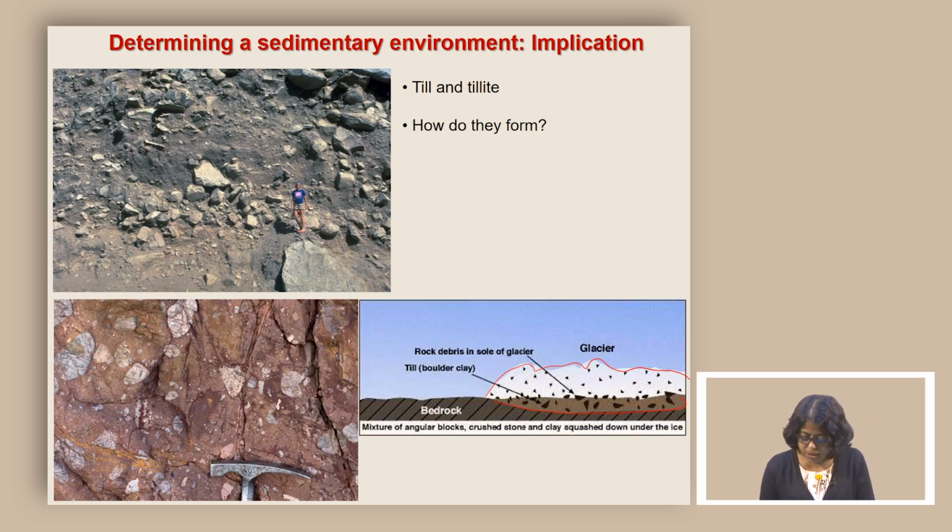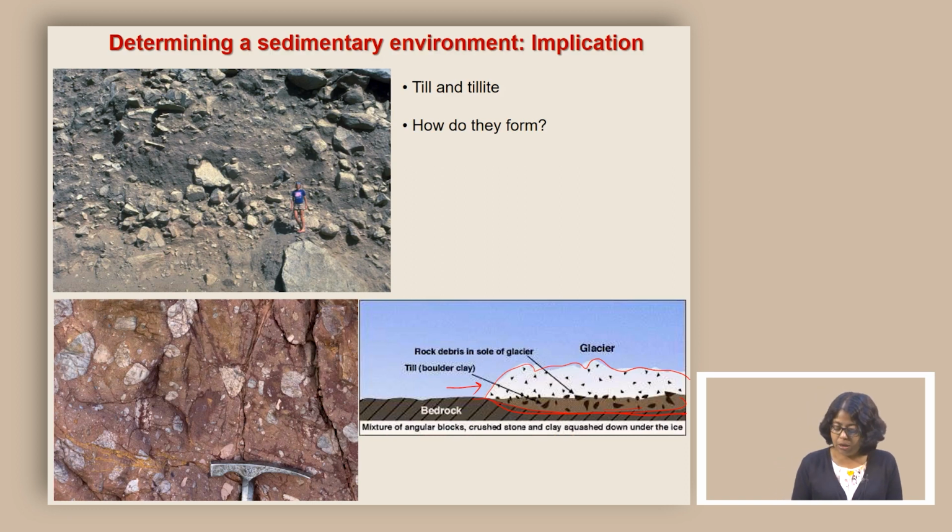Some of these would be crushed down and have polished surfaces, but because this entire thing is moving, often the rock underneath will have the marks of these glacial rocks scratching over them, and that is what we call glacial striations.